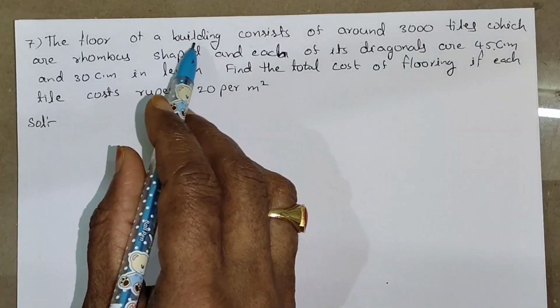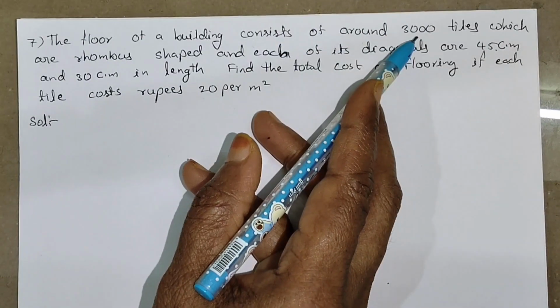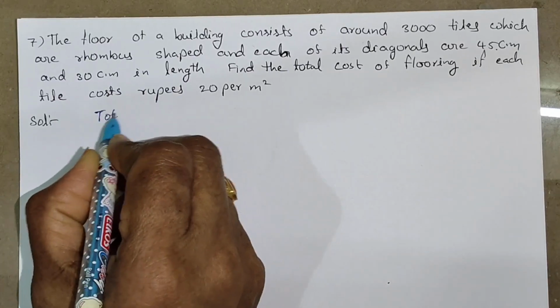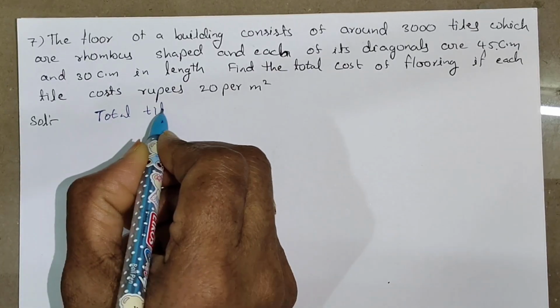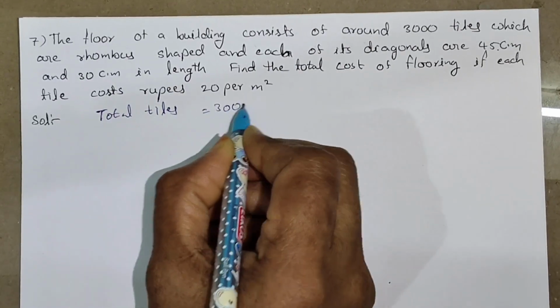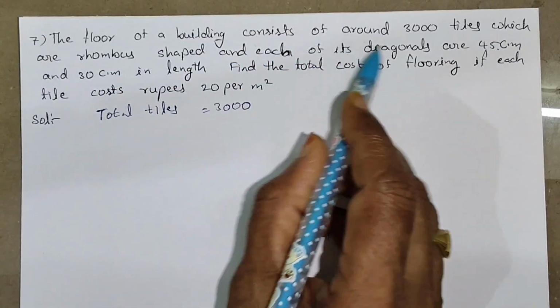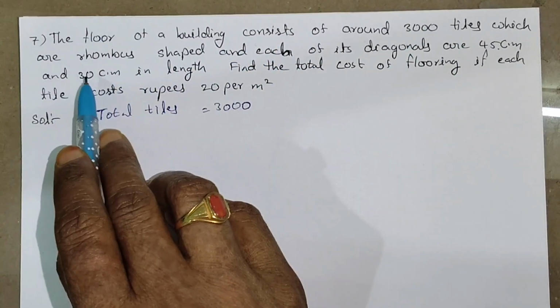The floor of building consists of around 3,000 tiles. Here total tiles is equal to 3,000. They are rhombus shaped and each of its diagonals are 45 and 30.